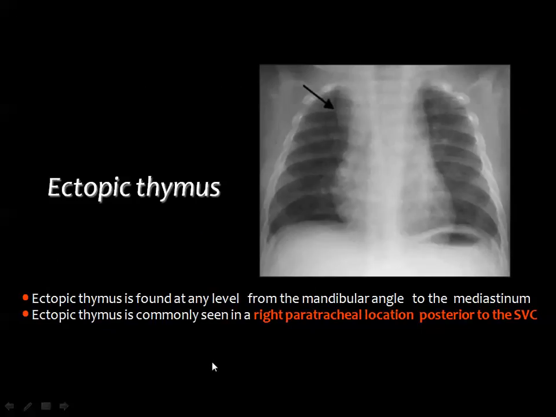And ectopic thymus is a thymic tissue which is not present in the anterior mediastinum but usually located in the right paratracheal area posterior to the superior vena cava.